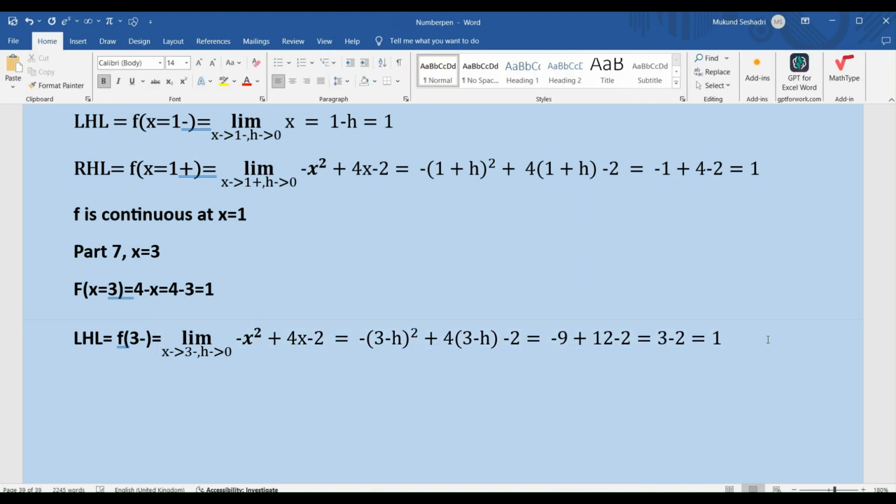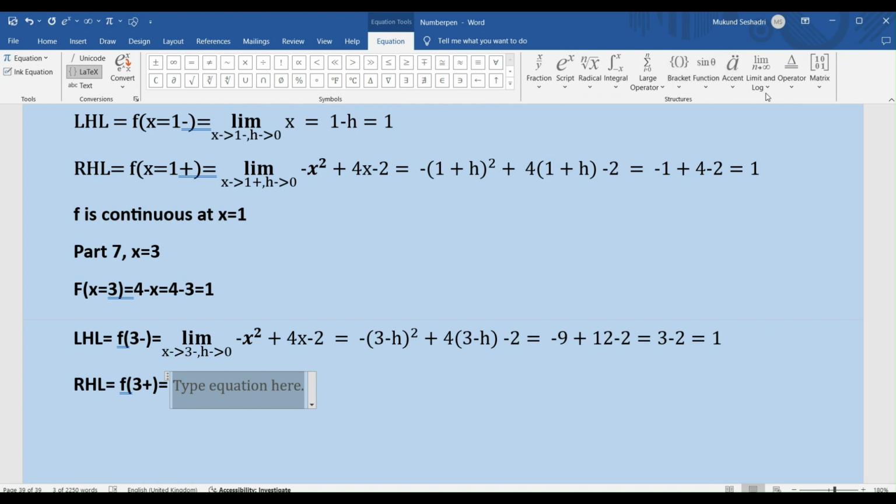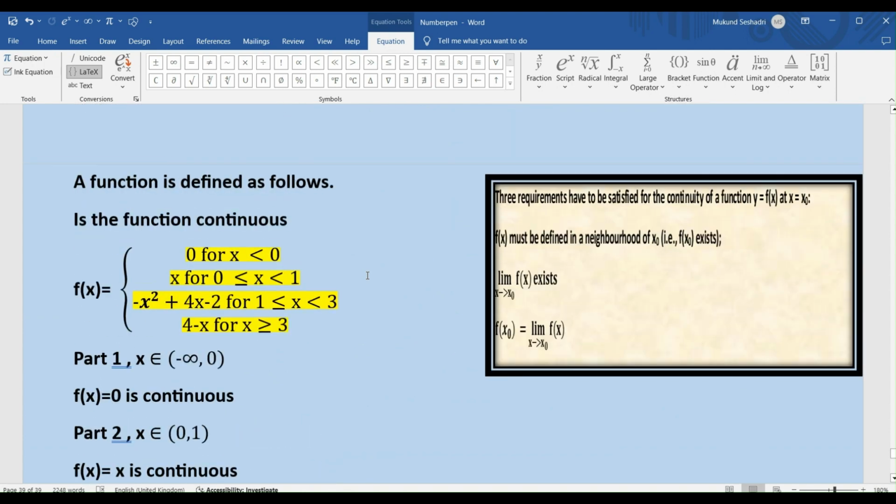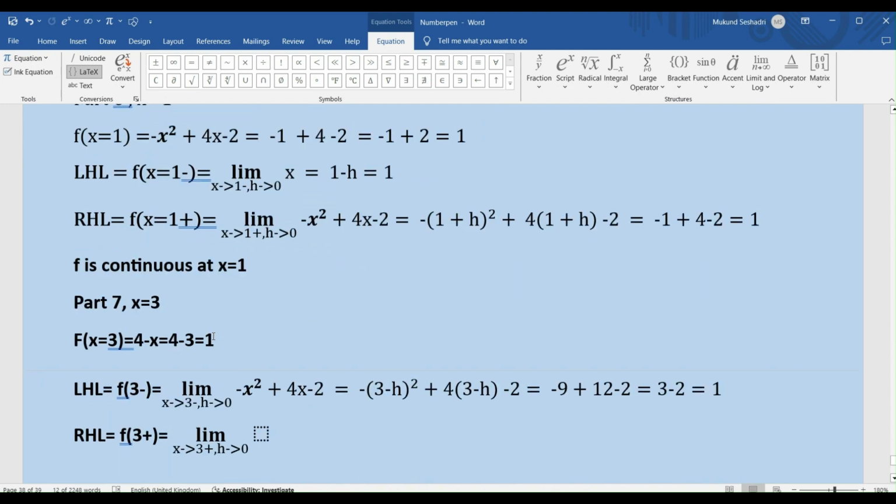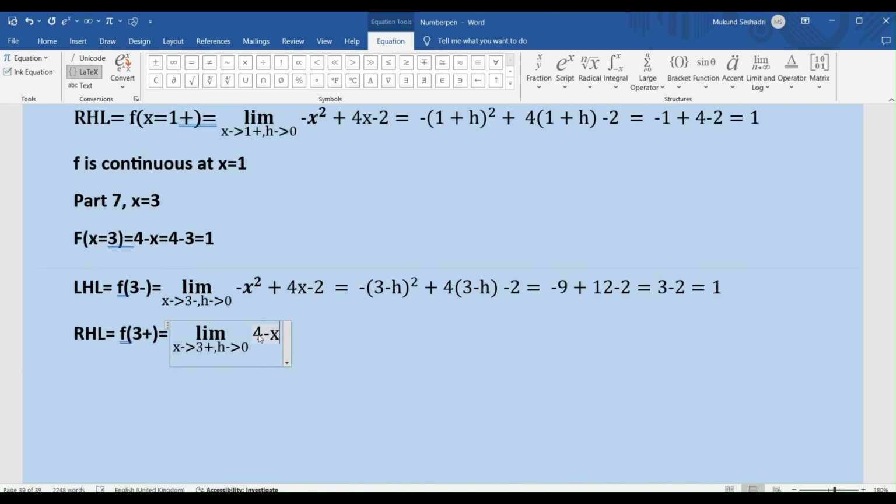And now I have my RHL, 3 plus. That is nothing but my limit extending to 3 from the right. So let's write that out. Extending to 3 plus, where I know that h is infinitesimal, x takes a value 3 plus h. And what is it when I approach 3 from the right? It's going to take this function, 4 minus x for x greater than or equal to 3, which is simple and straightforward.